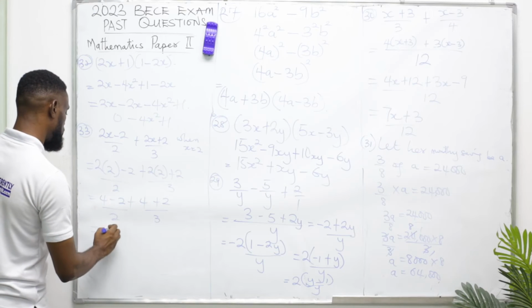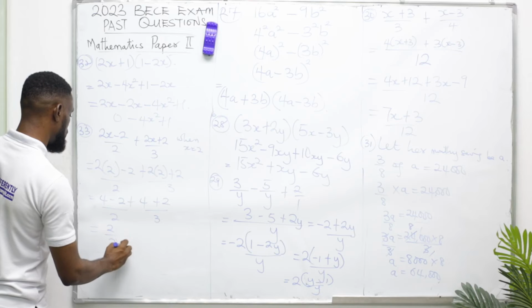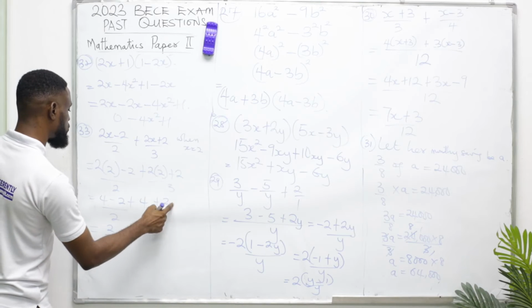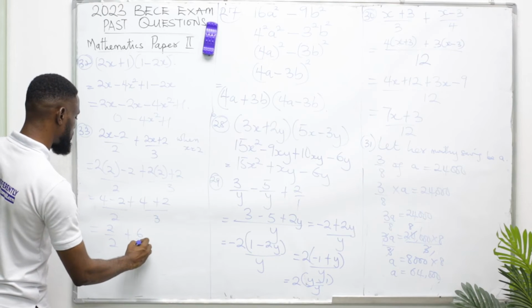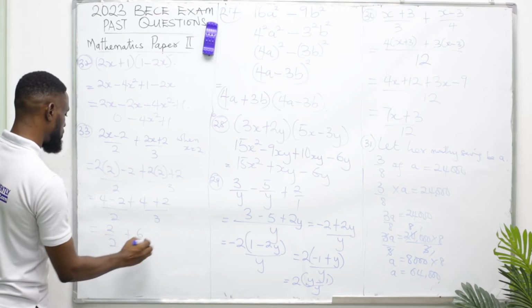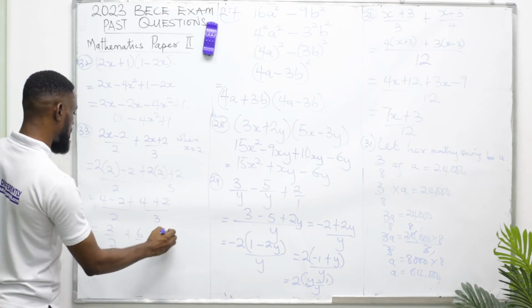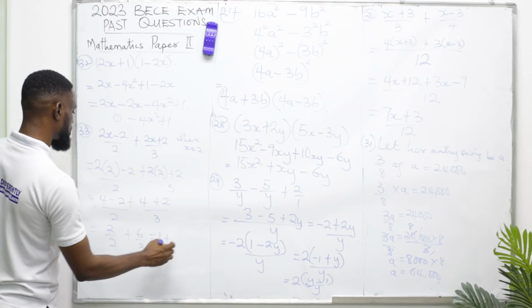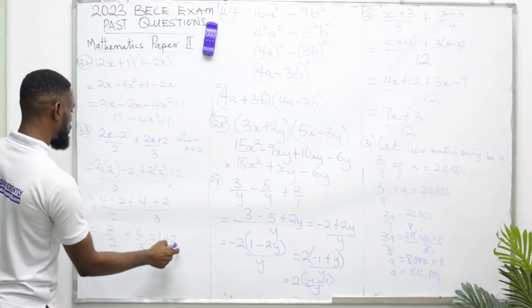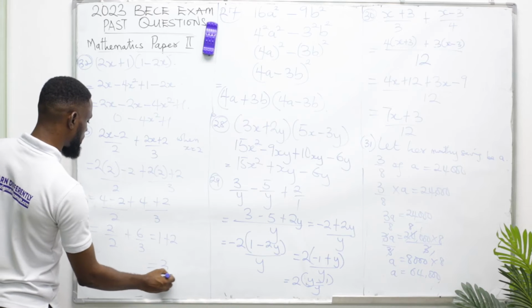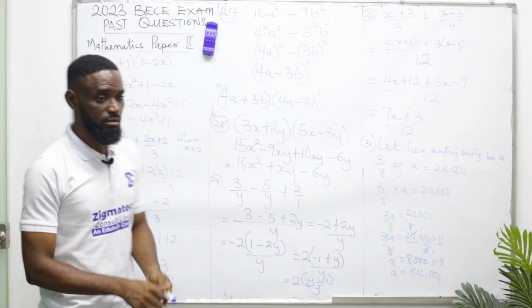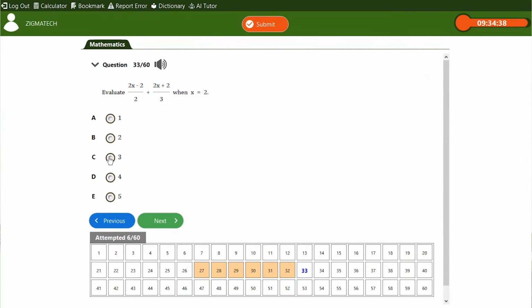So 4 minus 2 is 2 over 2, plus 4 plus 2 is 6 over 3, right? So 2 over 2 is 1, plus 6 over 3 is 2. So 1 plus 2 is equal to 3. So the answer is 3, right?